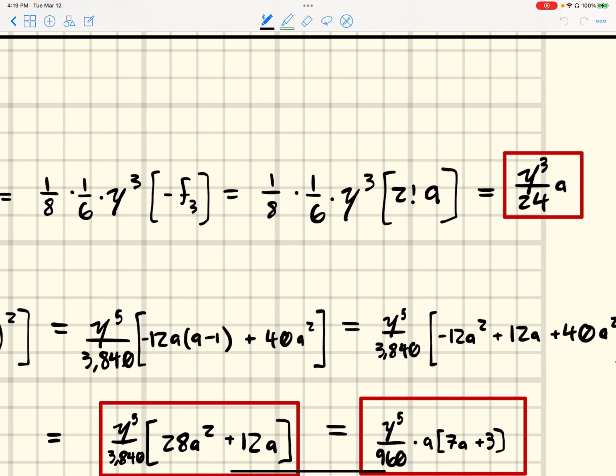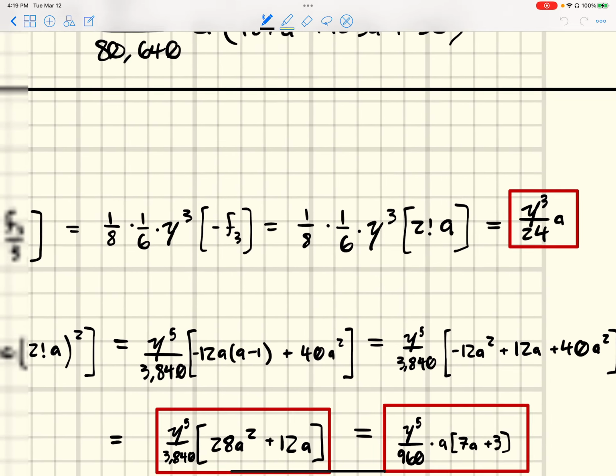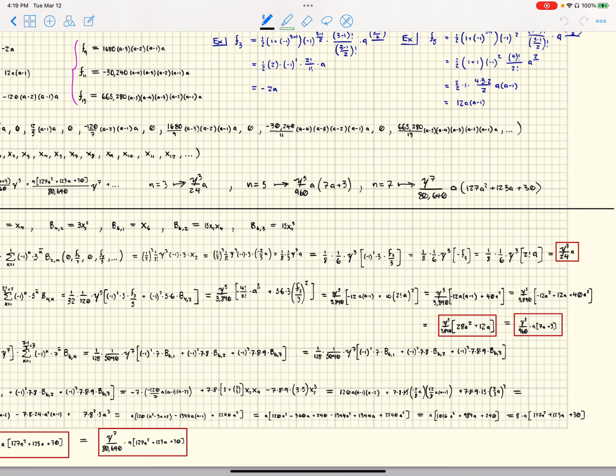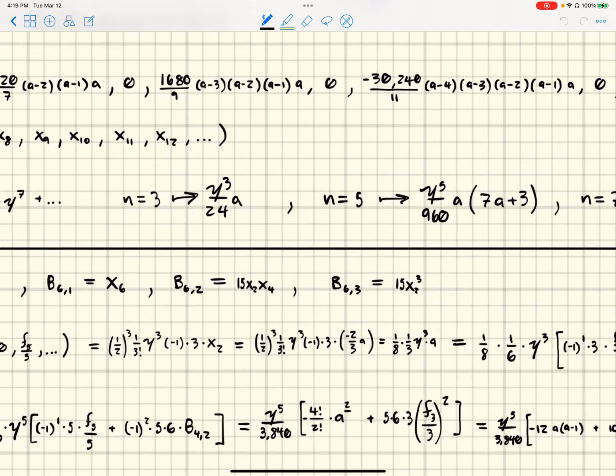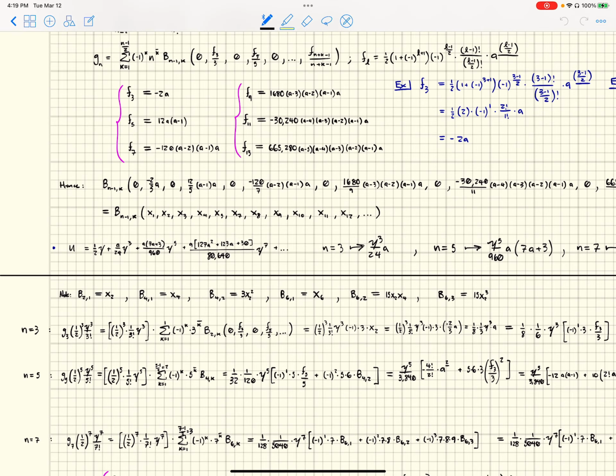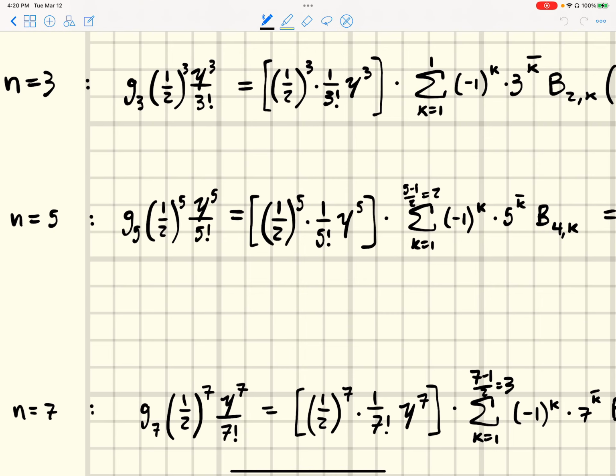Ultimately you get 2 factorial divided by 8 divided by 6, which is 1 divided by 24. And so you can see that this method exactly equals what we expect to see here.